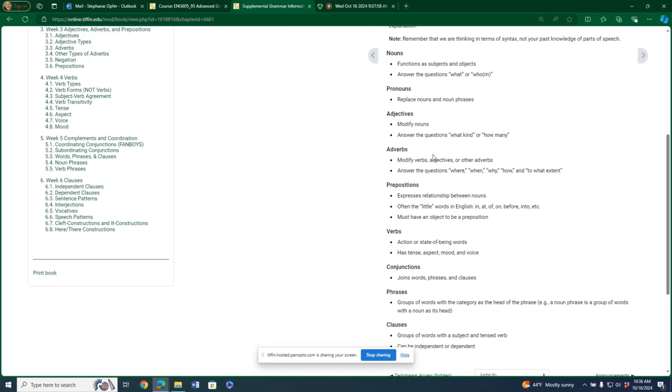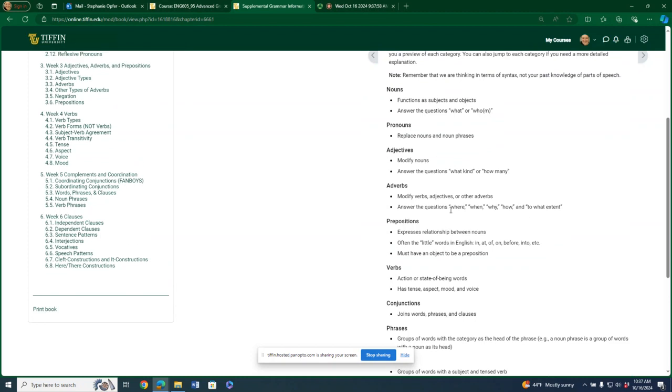This is going to be especially important with things like adjectives and adverbs, where you need to know what questions adjectives answer or what questions adverbs answer before we actually get to adjectives and adverbs, okay, or prepositions, what they are, because they're going to be important when we talk about nouns.